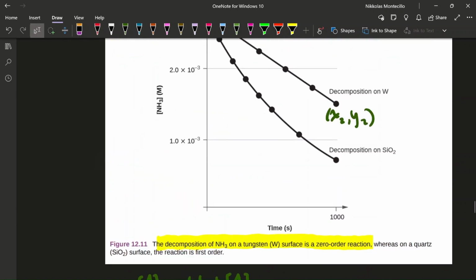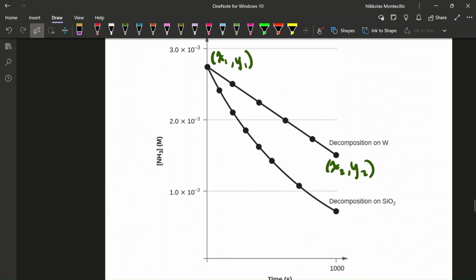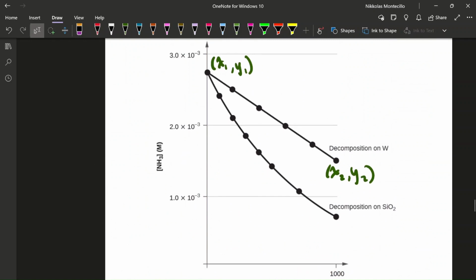And K equals negative Y2 minus Y1 over X2 minus X1, and once you plug in the values here, these are the values I estimated. Y2 equals 1.5 times 10 to the negative 3 molar concentration.